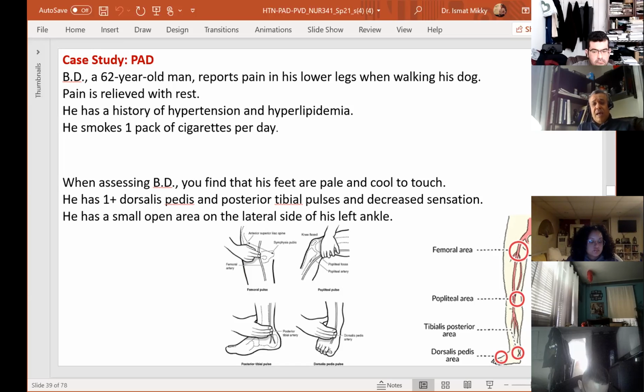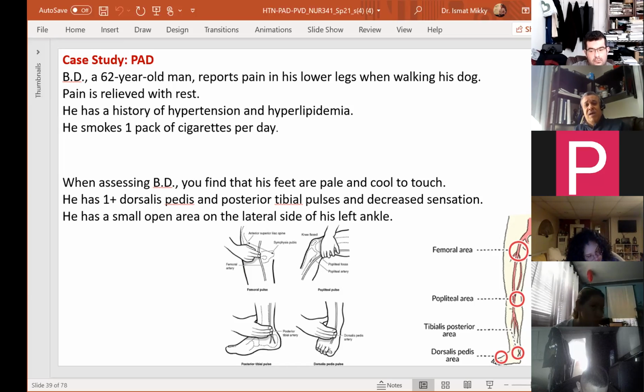So as we review, what risk factors does the patient have? We're going to apply what we have learned to the case study, because that's the best way to understand the content and how to apply it, which is good for retention. Well, the patient smokes a pack of cigarettes per day.